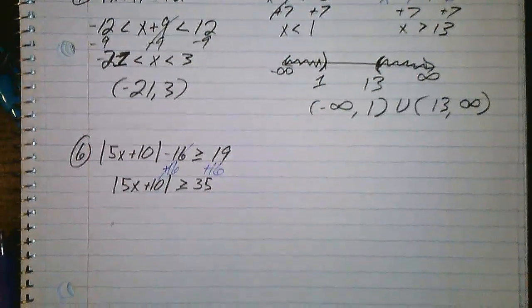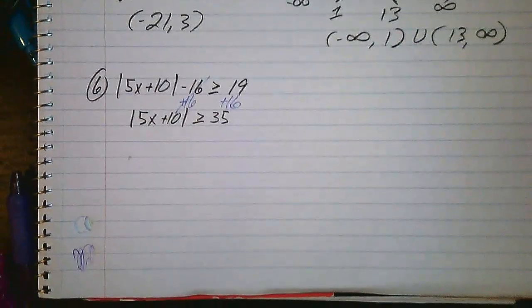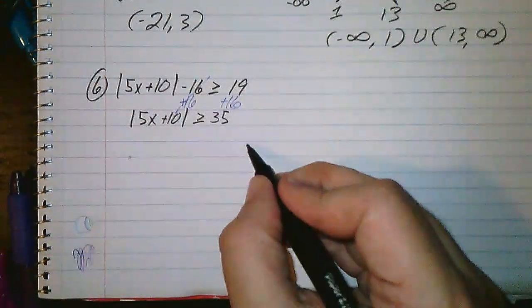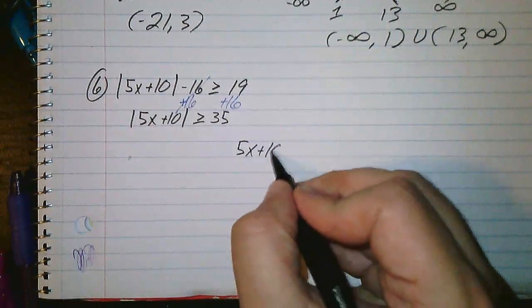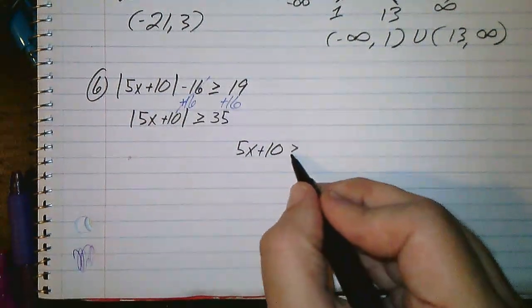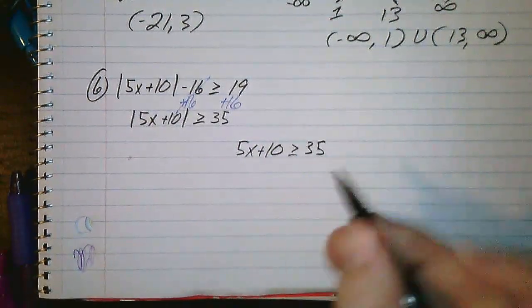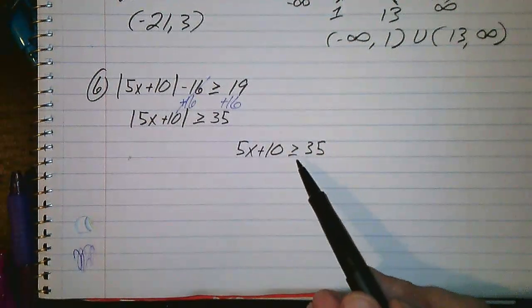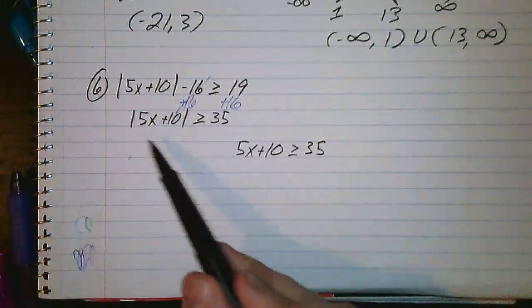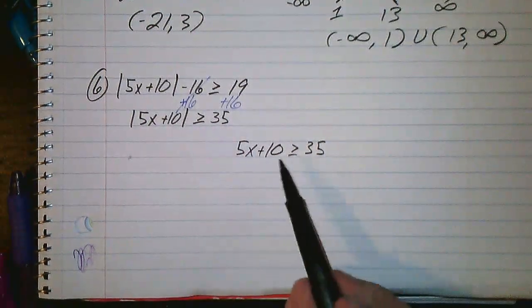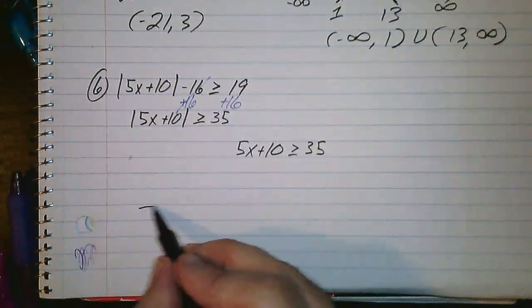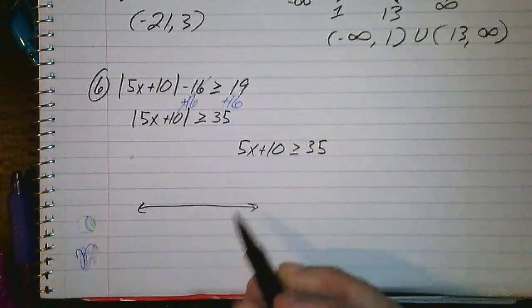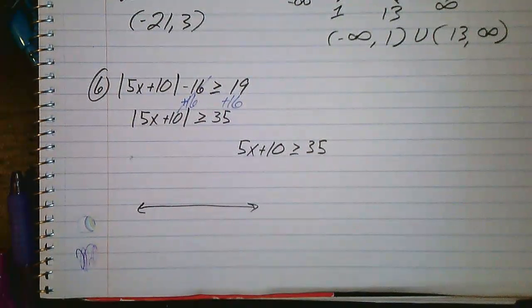And now again, we're going to split this up into 2 pieces. Drop the bars. And we have 5x plus 10 is greater than or equal to 35. Basically what the inequality says. I put this on the right because this will give us the right side of the number line.